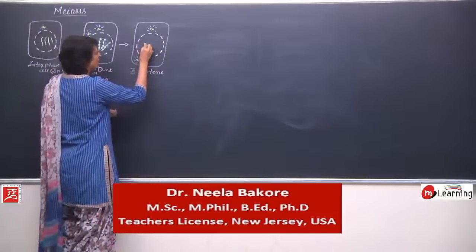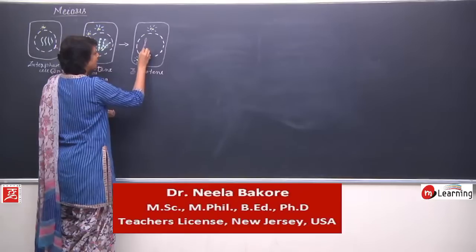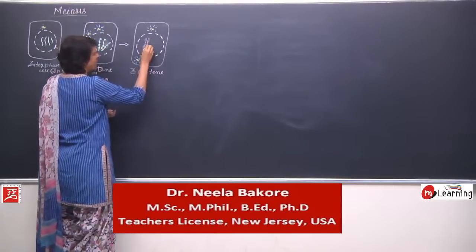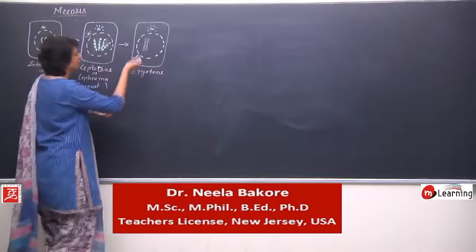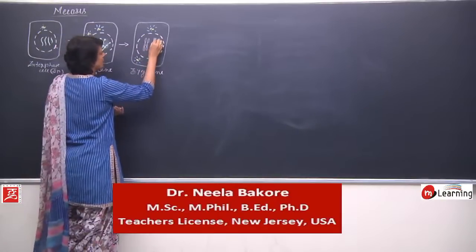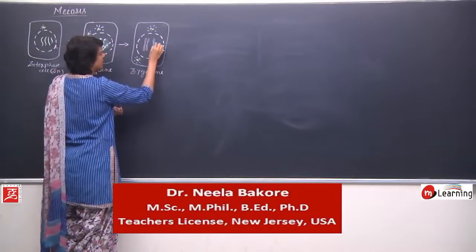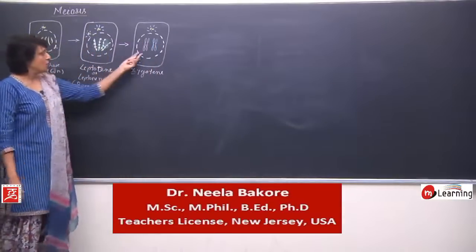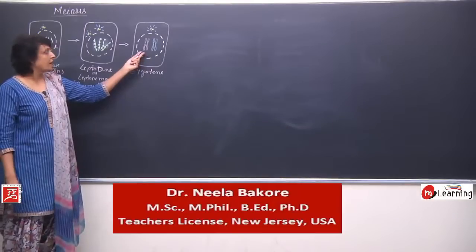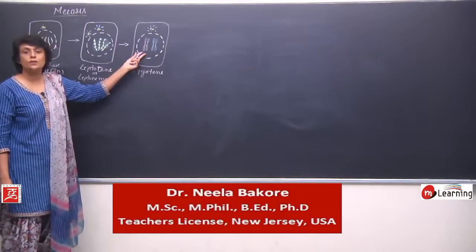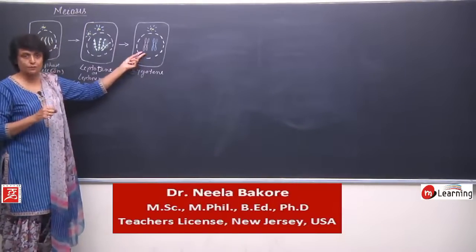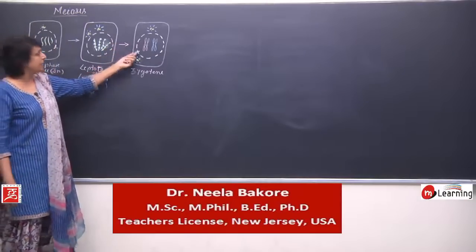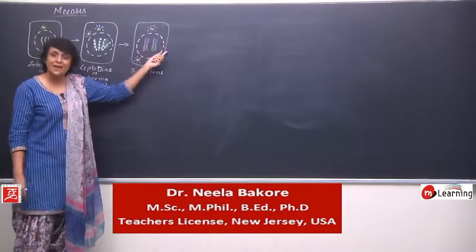So now these chromosomes, they arrange in the form of a homologous pair, and we will use 2 colors to show these 2 pairs. Homologous pairs. What are homologous pairs? A pair of chromosomes responsible for the same characteristic feature. Out of this pair, one received from the female parent and other received from the male parent.